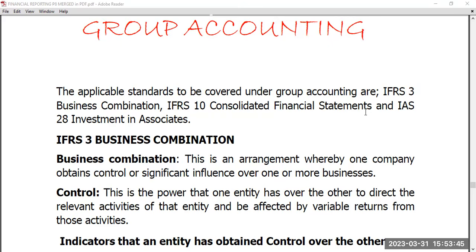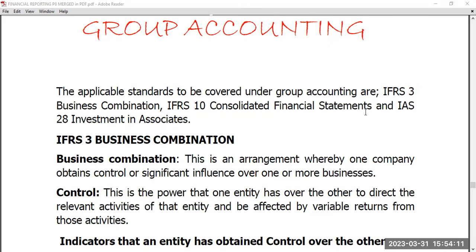But as far as level 2 is concerned, we are going to be looking at some of the basics. How are the associates accounted for? We are not going to go deeper into the computations of what is supposed to be done under investment in associates, but we are just going to give a brief highlight of what is needed.